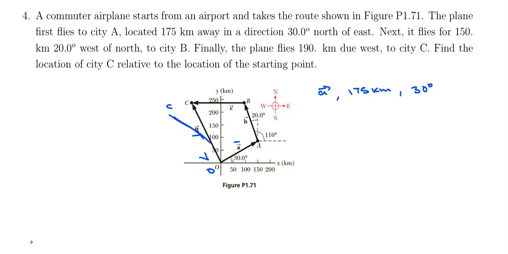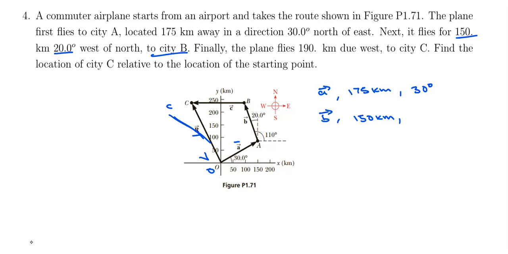What about vector B? Vector B is somewhat tricky. The magnitude is actually 150 kilometers, because that is the distance to seat B. But the angle is not going to be 20 because this was moving in the direction west of north.